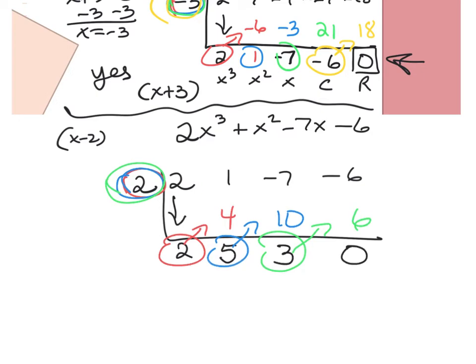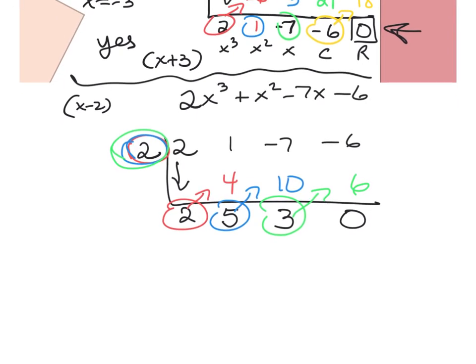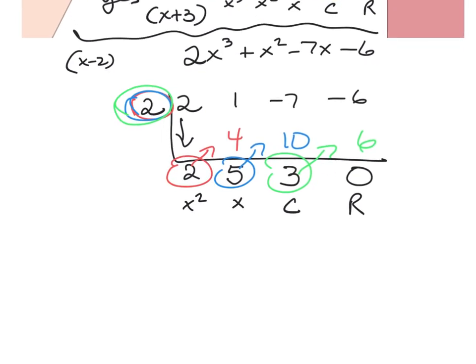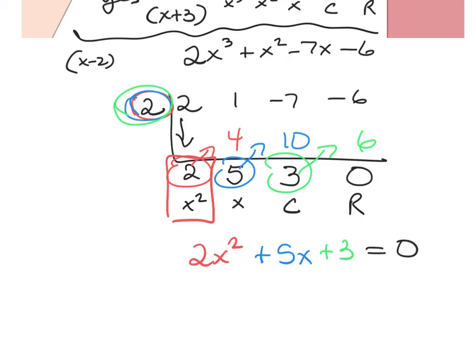Yes. Now I'm going to add back the variables. Remainder, constant, x, x squared. So now I have 2x squared plus 5x plus 3 equals 0. Now, I have a quadratic equation or quadratic function.